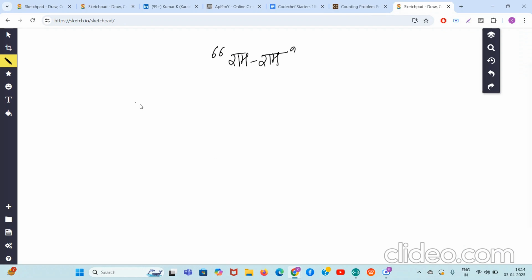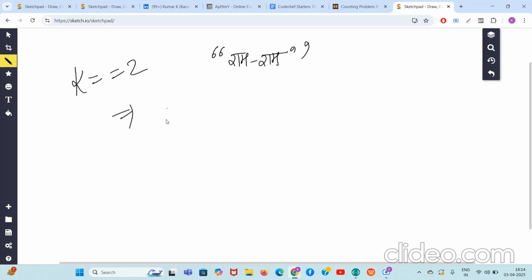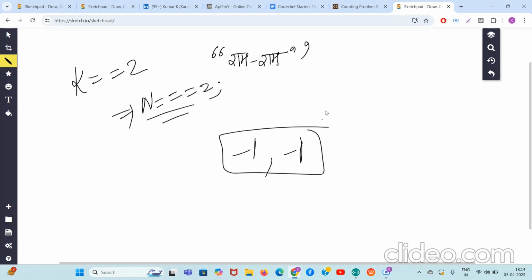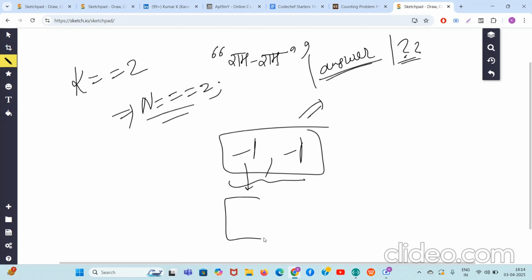So let's say they have given you k equal to 2, and your array is this, n equal to 2. Now what is the answer? How many arrays can be generated? Here you can put any number from 1 to 2, right? 1 to k. Here also you can put any number from 1 to 2.